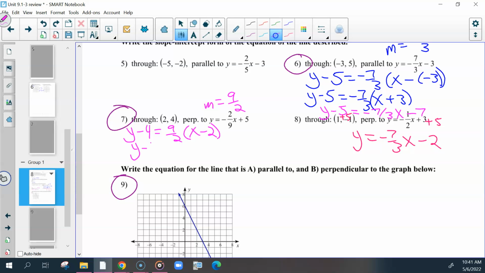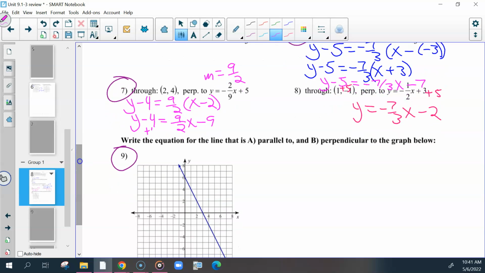Distribute. So we have 9 over 2x minus 9. The 2's will cancel. And then we could add 4 to both sides. So our equation would be y equals 9 over 2x minus 5.